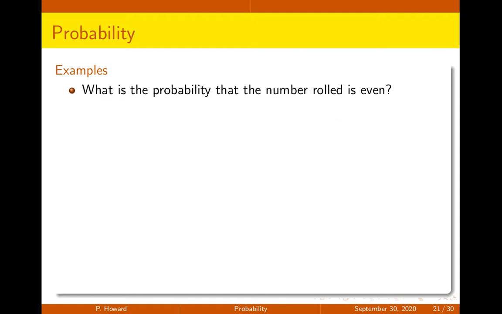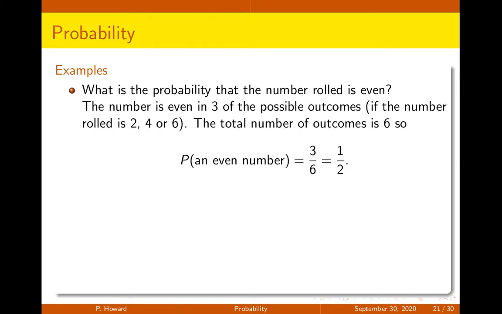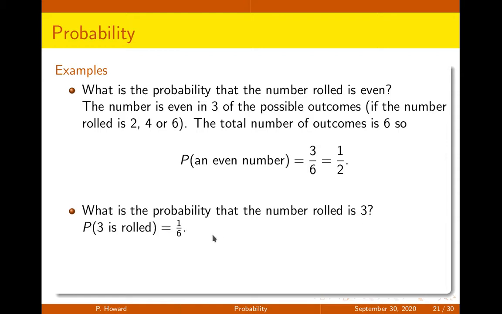The probability that the number rolled is even is 3/6. This paragraph is a longer description of what I just said. What's the probability that the number rolled is a 3? Well, a 3 is rolled in only 1 out of the 6 possible outcomes. The probability of rolling a 3 is 1/6.